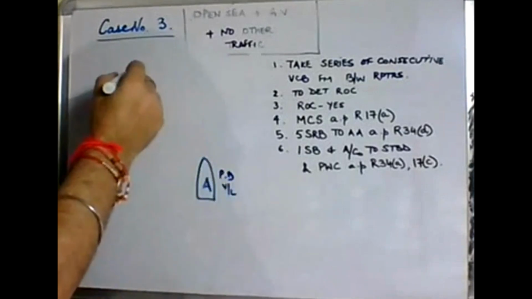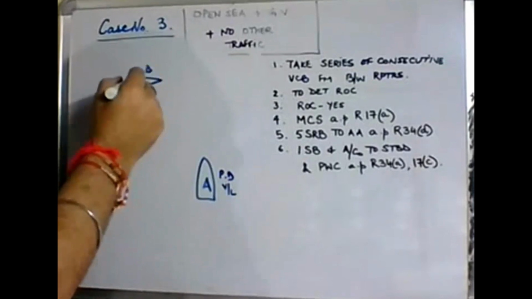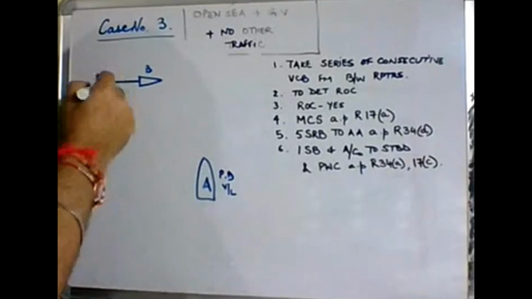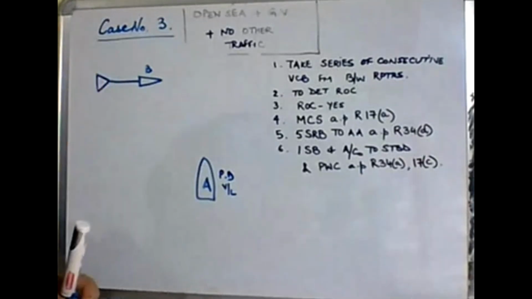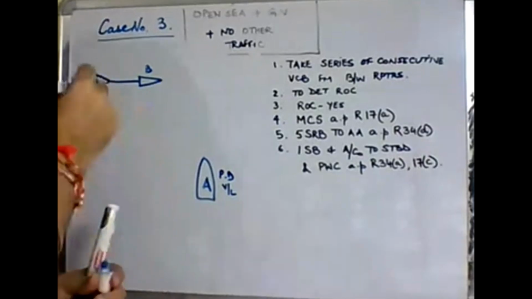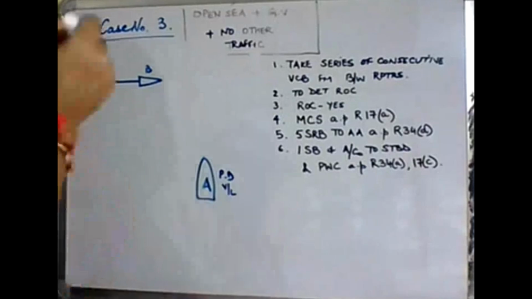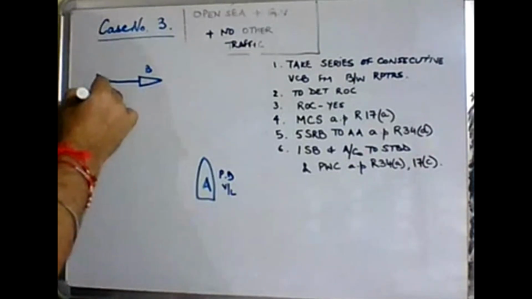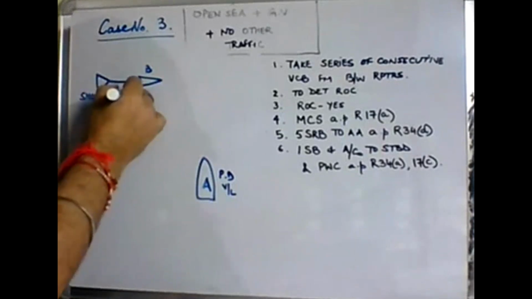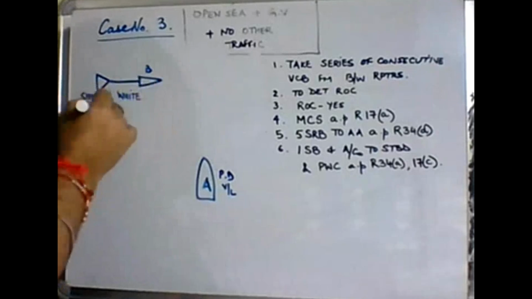And you have a vessel B, which is a tug and a tow. And the tug and the tow is displaying the white towing vessel lights.